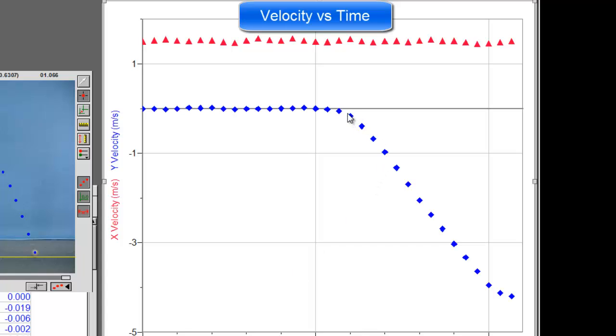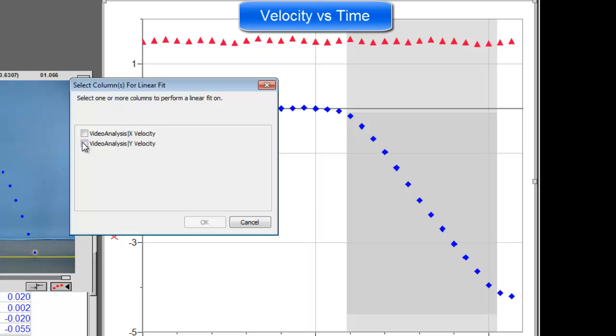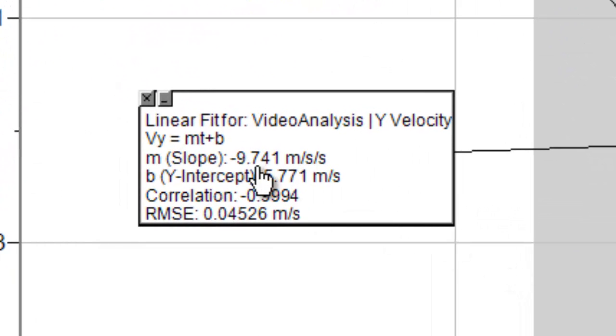So if we find the slope of this, and you should remember that the slope of a velocity time graph is the acceleration. So let's find the slope of this. And we'll look at the y information. Well, we shouldn't be surprised by this number. It's telling me that the slope of this velocity time graph is negative 9.74.